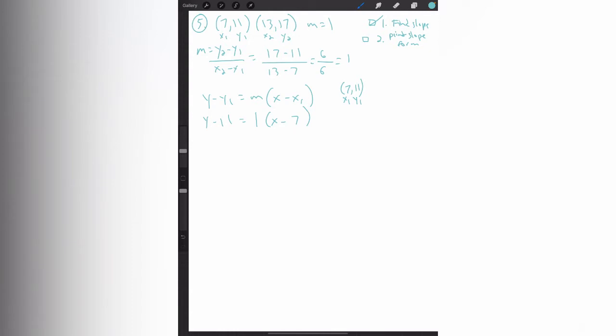Okay, so let's go ahead here. I'm going to bring this down. Y minus 11 is equal to, distribute the 1, so really I just get x minus 7. I'm going to add 11 to each side. And I get y is equal to x plus 4. Okay?